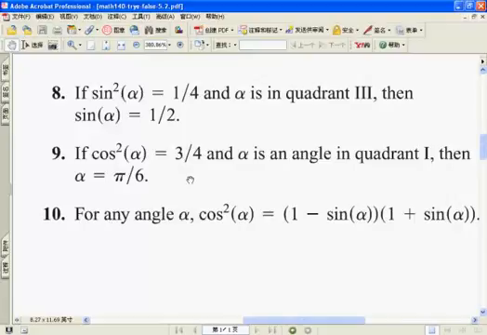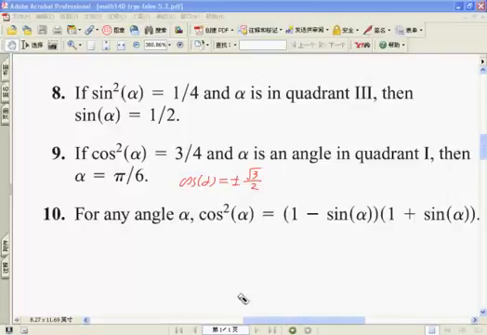If you solve this, you would have cosine alpha equal to plus minus root of 3 over 2, right? But right now this angle is in the quadrant 1, so we just take the positive sign. So that means cosine alpha is equal to root of 3 over 2.